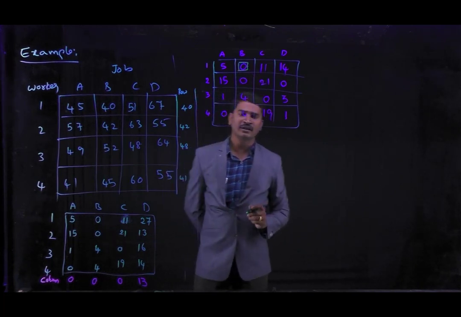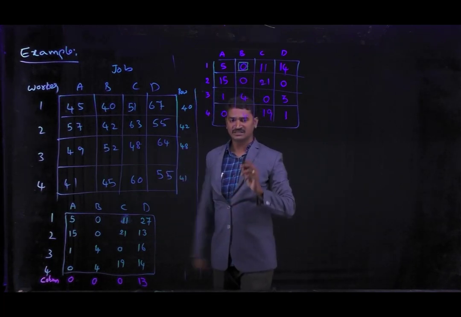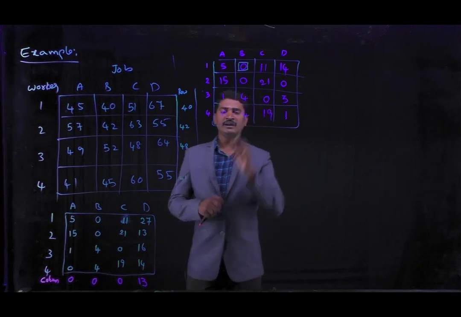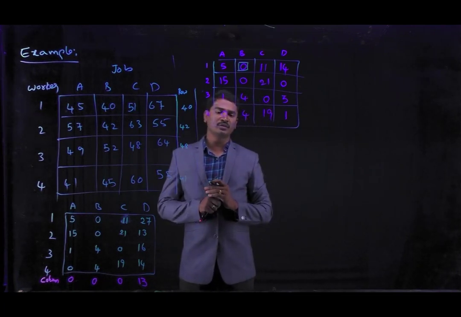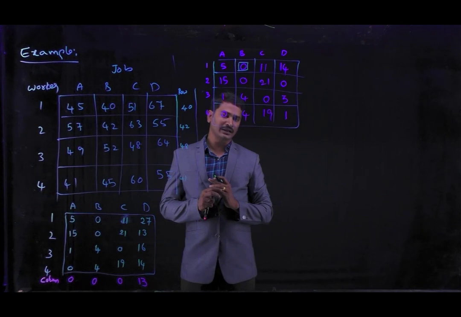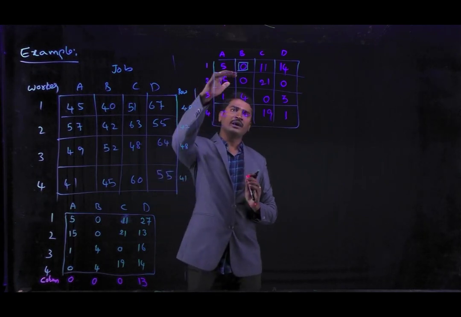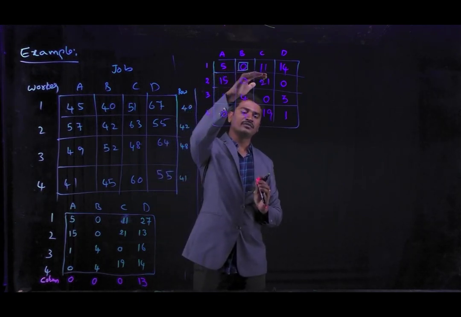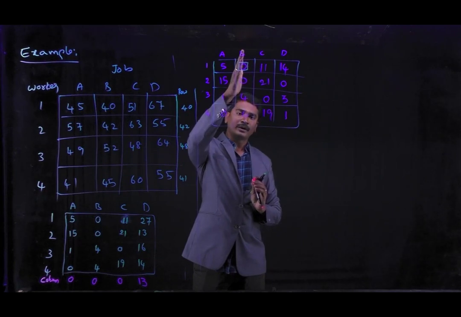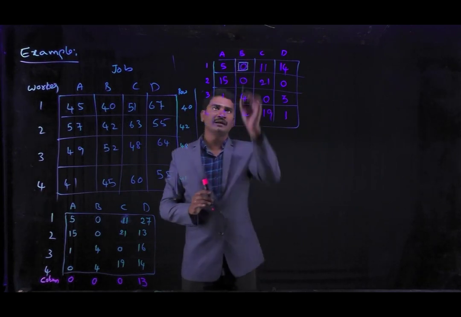After identifying the 0, we are going to draw the line. Here we identified 0 at row searching, so for that particular cell we are going to draw the vertical line.